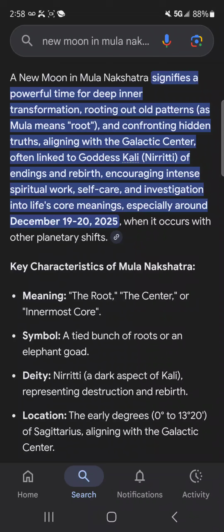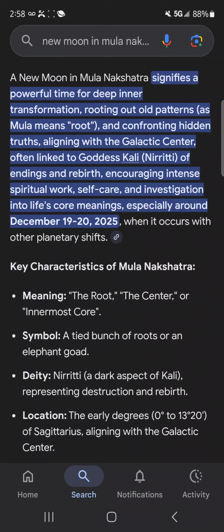So this signifies a powerful time for deep inner transformation, rooting out old patterns, as we know Mula represents root, and confronting hidden truths, aligning with the galactic center, often linked to the goddess Kali, Nirriti, of endings and rebirth.